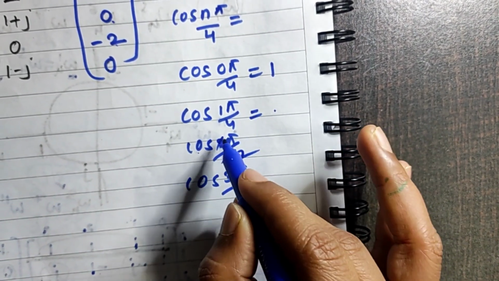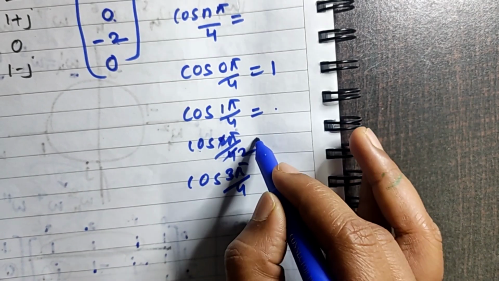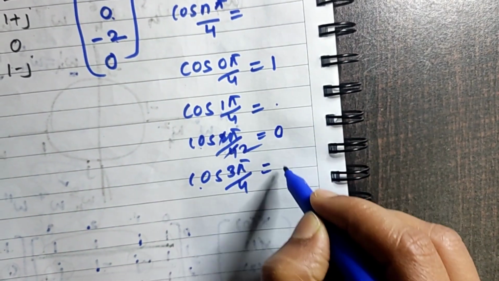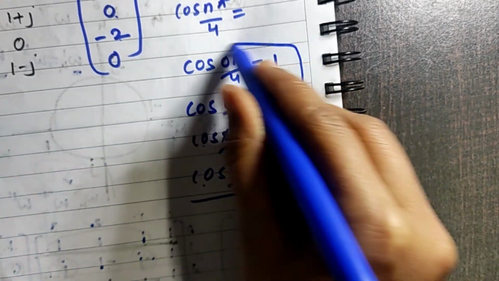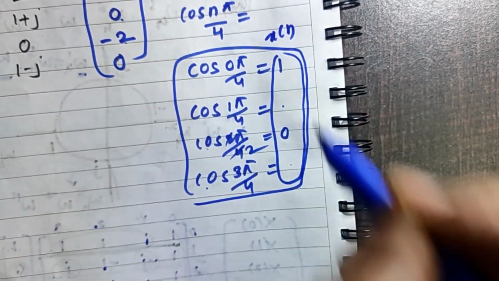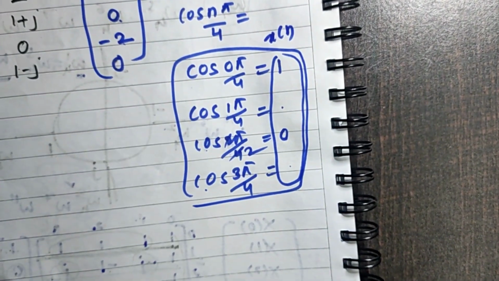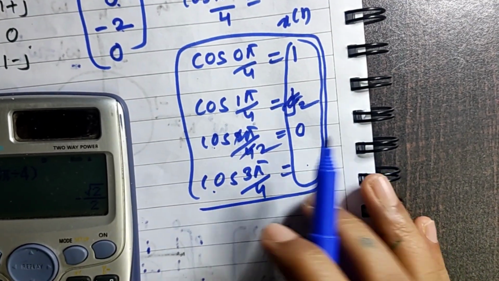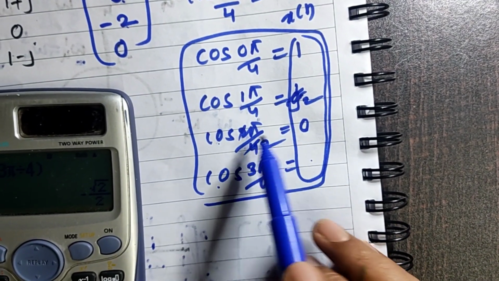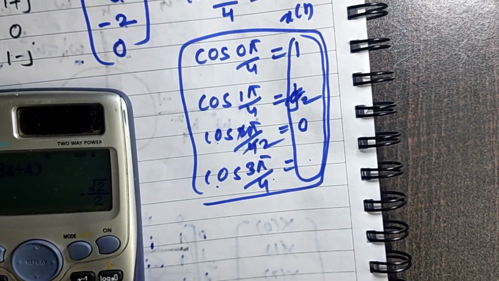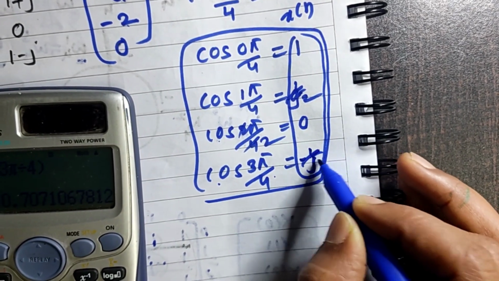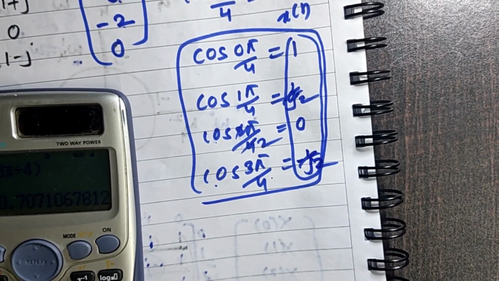Let me check these values. Cos 0 is 1, cos pi by 4 is 1 by root 2, cos pi by 2, which is 90 degrees, is 0, and cos 3 pi by 4 is minus 1 by root 2.